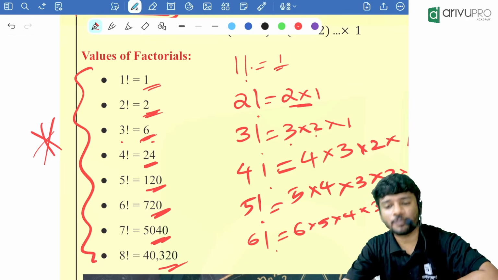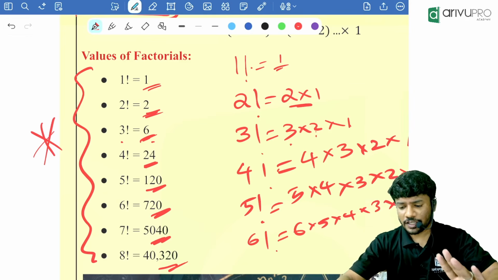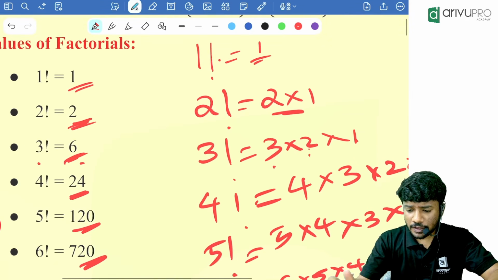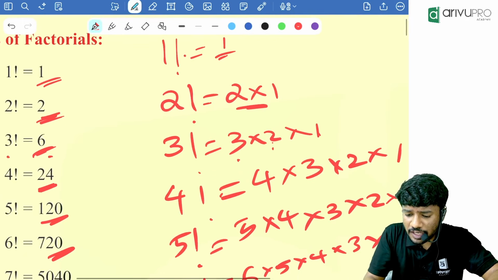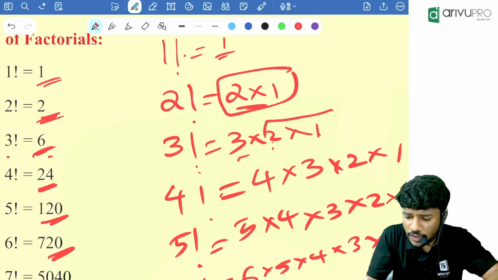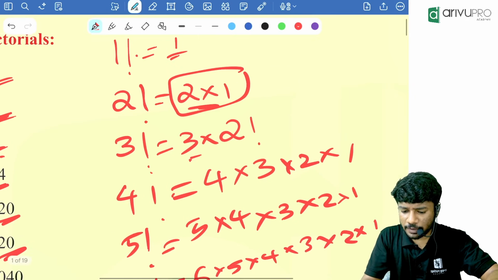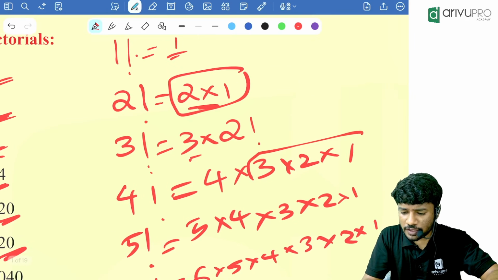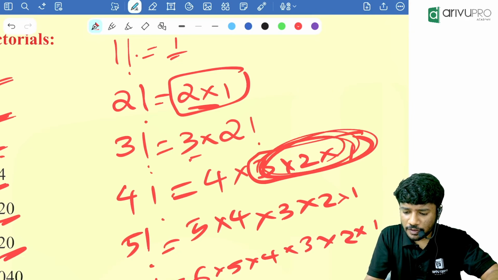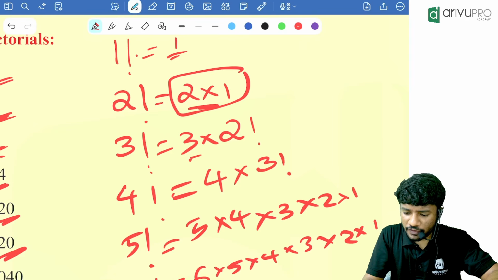Okay. Now, there is another way. If you look here carefully, can I say that 3 factorial is nothing but 3 into 2 factorial? Is it correct? Yeah, it is 3 into 2 factorial. Similarly, can I say 4 factorial is nothing but 4 into 3 factorial?